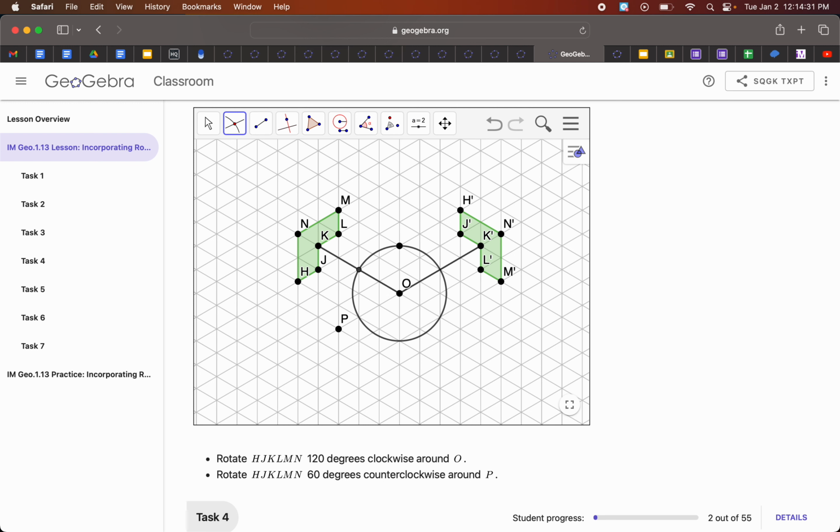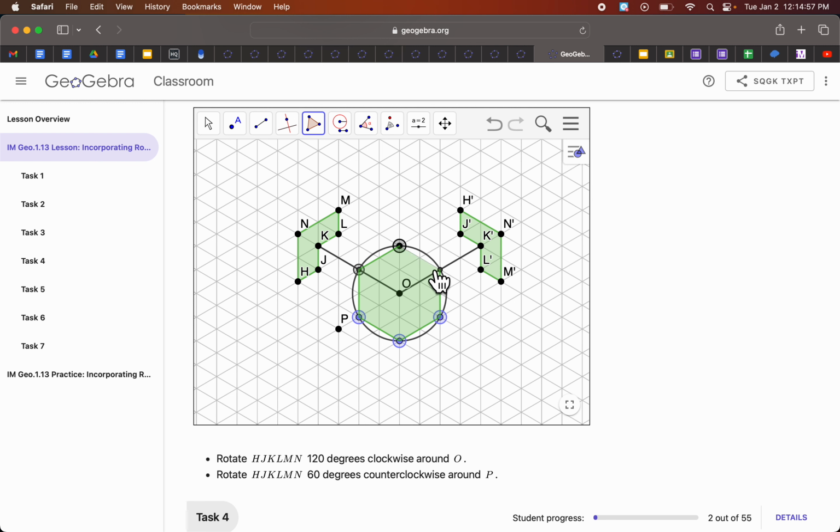There's one here, one there, and a bunch of other ones, like right here, and right here, and right here. And this should look familiar because this is a hexagon, right?